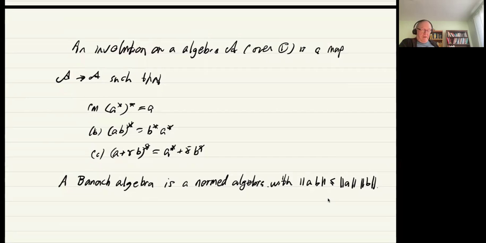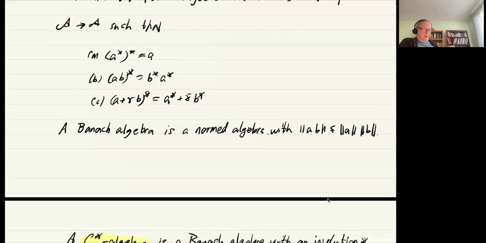Okay, so a Banach algebra is a normed algebra. So you've got an algebra of operators, and there's a norm defined. And the important property is that the norm of the product is less than or equal to the product of the norms of the factors. So most norms you've seen are like that. Okay, so that's a Banach algebra.